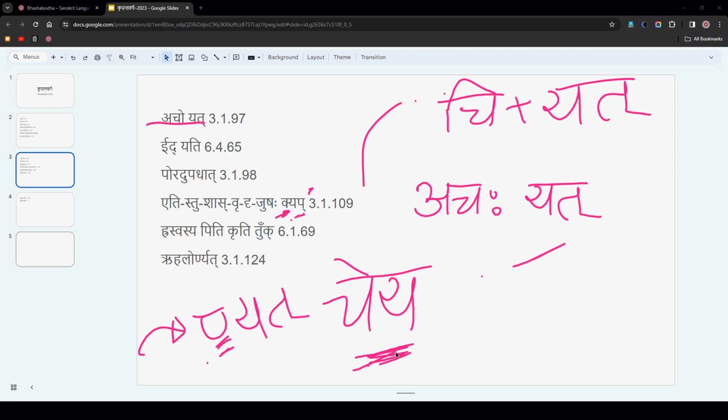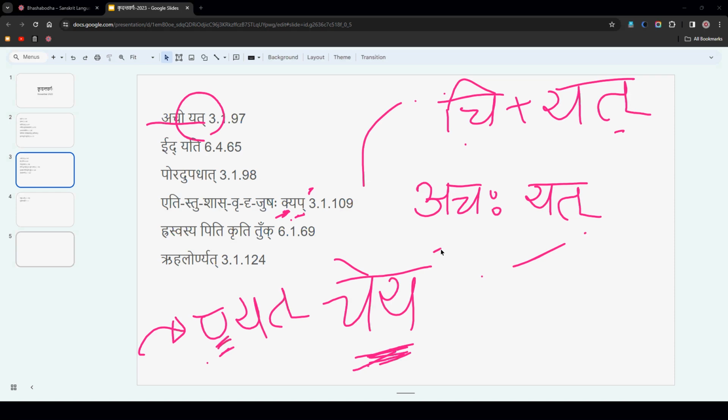But in the case of cheya, we do not want to use kyap and nyat, so we want to use yat only. Achaha yat, that's the sutra coming here. So in case the dhatu is ending in a swara, then we use yat: chi yat, achaha yat.